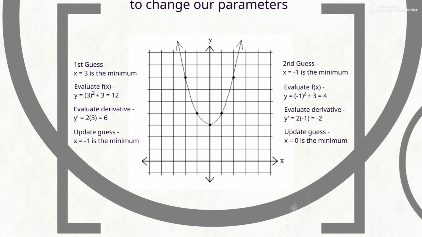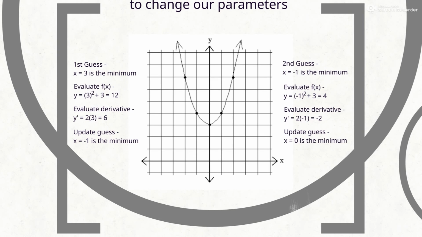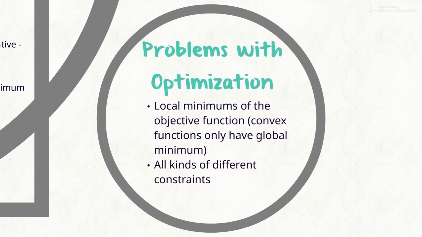All right. So that's optimization. Some of the problems, we mentioned this earlier. What happens if we hit a local minimum? If we're only updating our guess a little bit, we're going from x equals 3 to x equals 2.99, we could get stuck in local minimums very easily. If this is a convex function, again, you're only going to have global minimums, so you'll see different machine learning problems where they restrict the objective function to being a convex function, so that the local minimums don't exist.